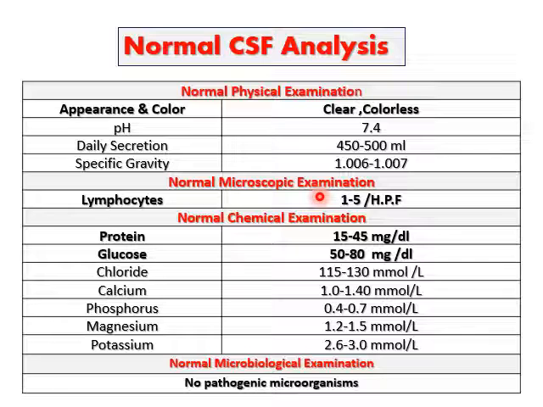The normal chemical examination, including the protein, glucose, chlorides, are the most important three values for chemical examination: protein, glucose, and chloride. And normally there is no pathogenic microorganism in the CSF. So it is clear and colorless, with no cells, with normal protein, glucose, and chloride.